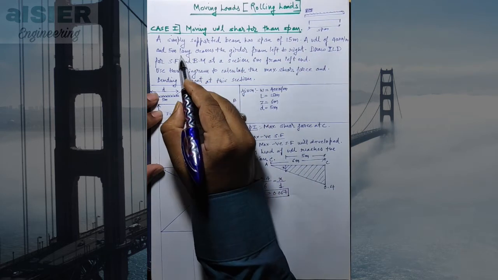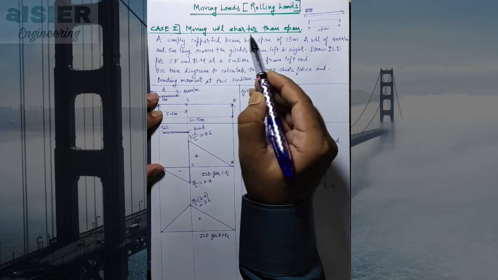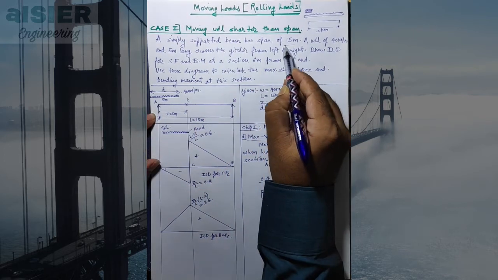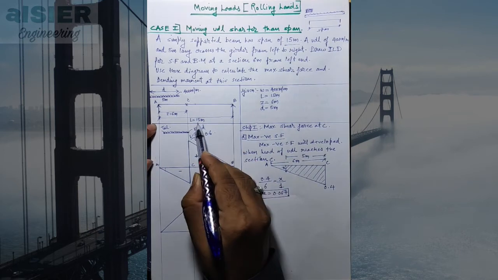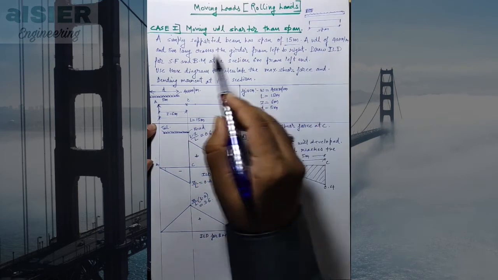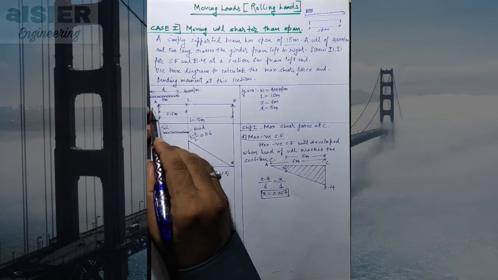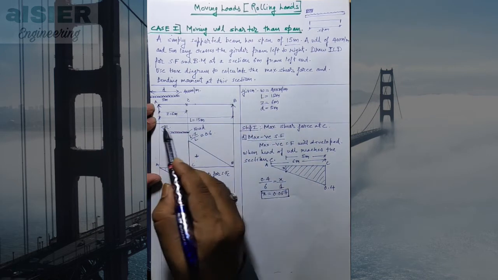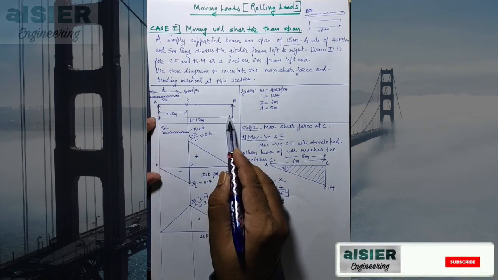Now in the numerical, a simply supported beam AB is given, which has span 15 meters. A UDL of 40 kilonewton per meter and 5 meter long, which means a wagon, for example, 5 meter long, crosses a girder from left to right.